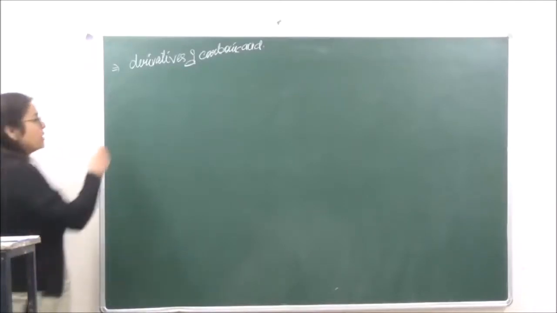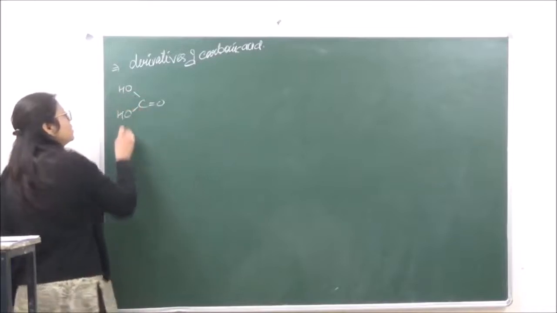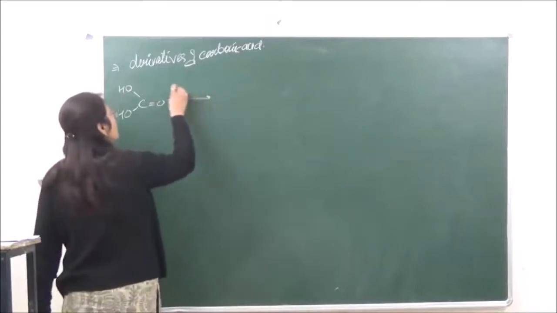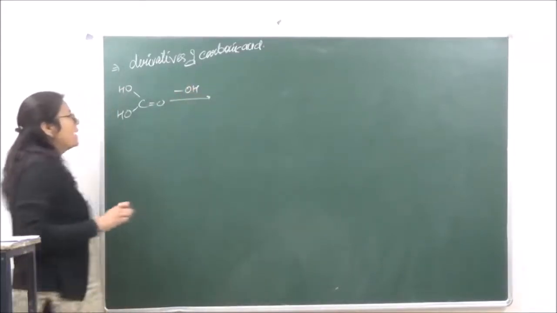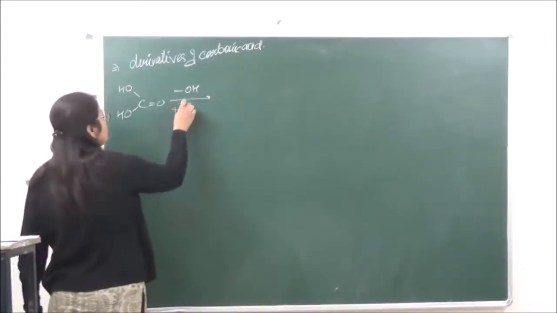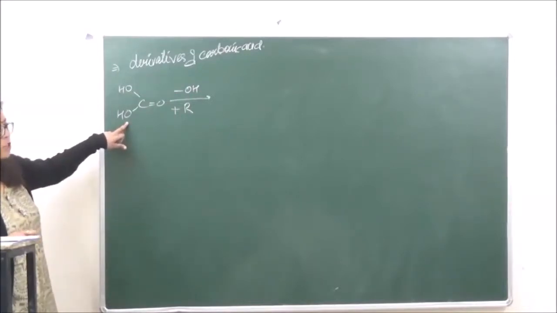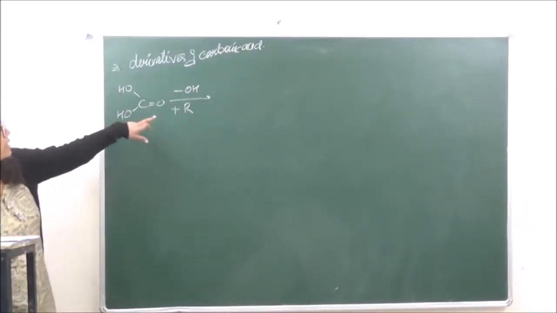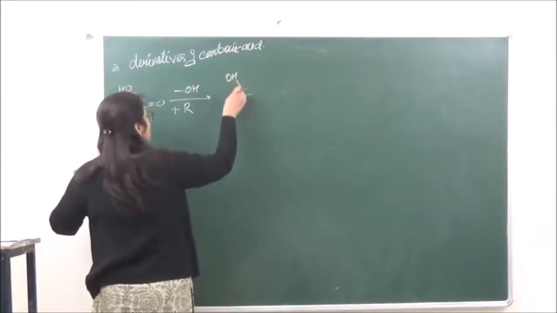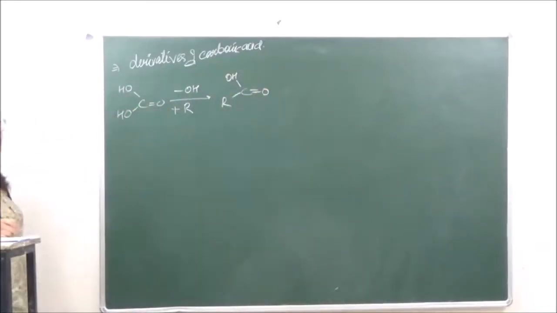If we have C double bond O, OH and OH, this is going to lose one hydroxyl group and an alkyl group is going to substitute that OH group. One of the OH groups in carbonic acid is substituted by R. So we will get R-C(OH)=O, which is the carboxylic acid.